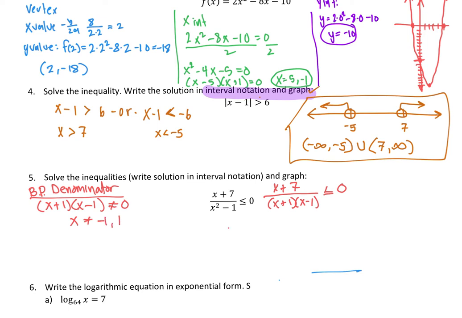Okay, if I'm going to go and put that on a number line, those will go on my number line open. They will always be open when they come from the denominator, because the denominator cannot equal 0. So even though it says less than or equal to 0, we actually can't equal 0 in our denominator. So keep that in mind.